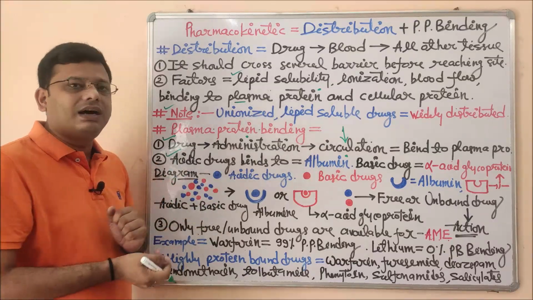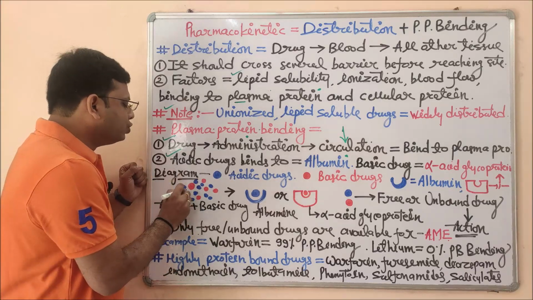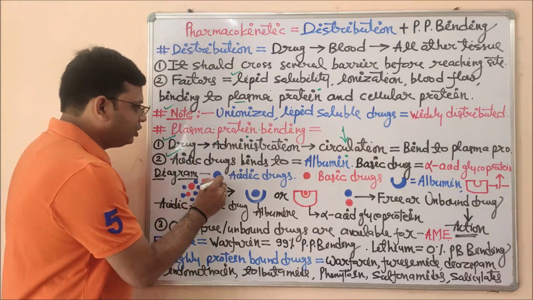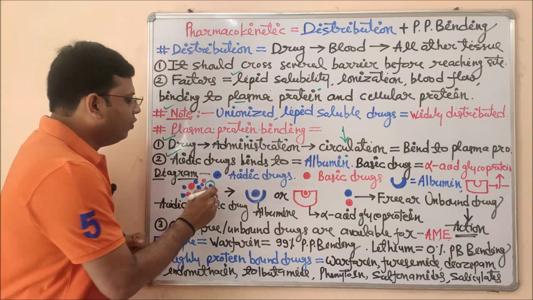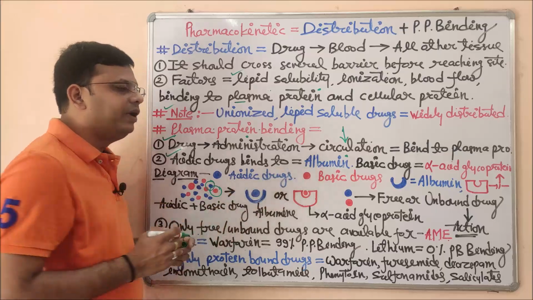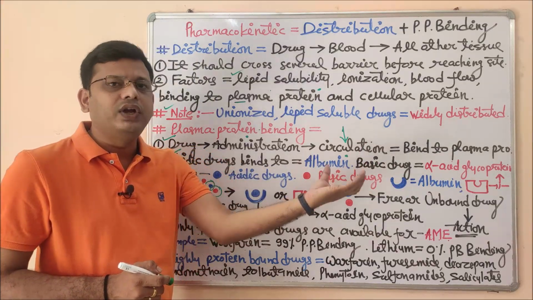Now let me give you an example regarding this binding site with the help of a diagrammatic representation. There are two types of drug. The blue circle represents the acidic drug, whereas the red one represents the basic drug. The binding site looks like a U shape.